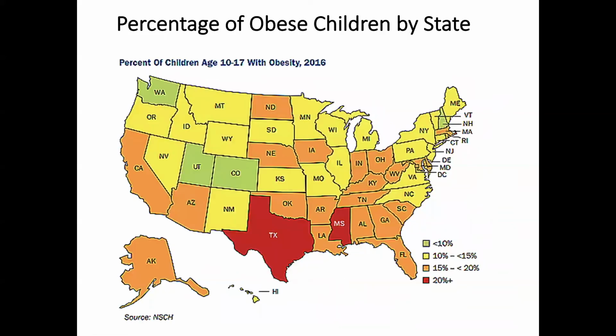The most striking statistics came from the percentage of obese children here. In 2016, Texas was one of the 2 states that had the highest percentage of obese children aged 10 to 17. The variability of the obese population in different states also indicates that environmental factors contribute to the obese phenotype.